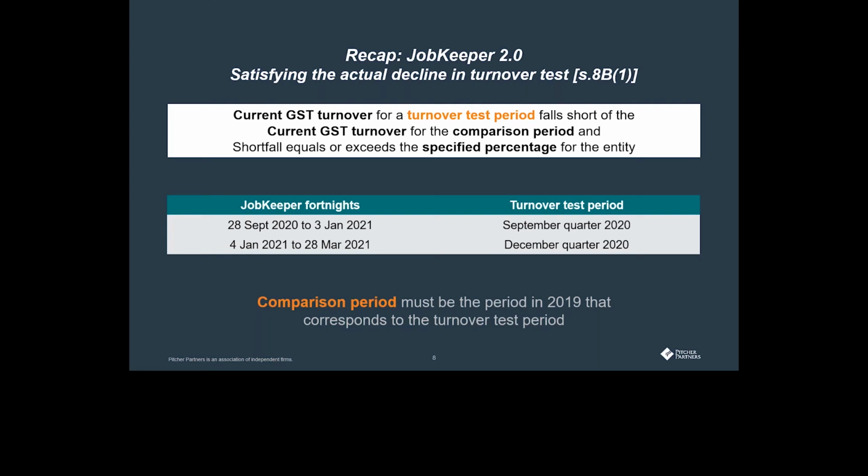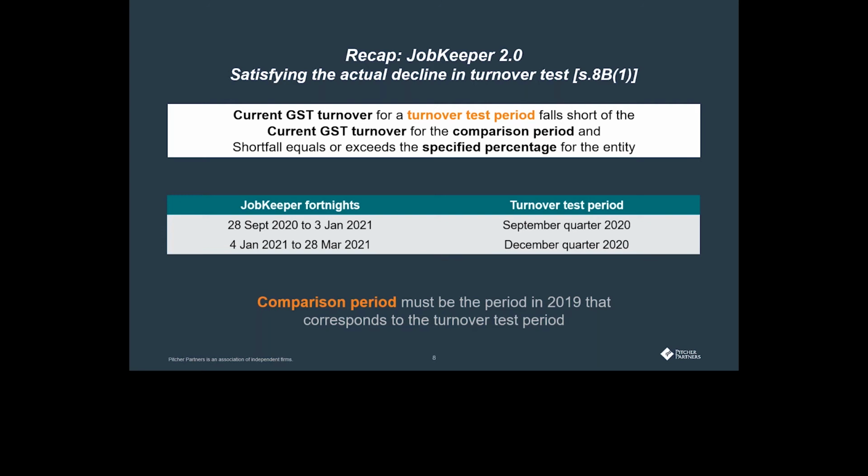For the first extension period, we're looking at the actual GST turnover for the September 2020 quarter, and we are comparing that to the September 2019 quarter. You need to have a decline in your turnover of at least 30% if you're an entity with under $1 billion of turnover aggregated, or it has to be greater than a 50% decline in turnover if you've got $1 billion plus turnover.